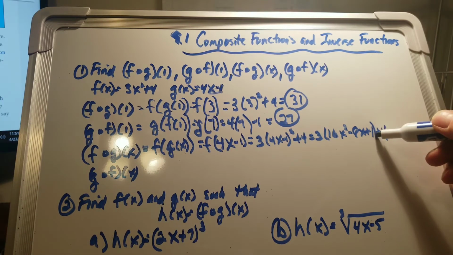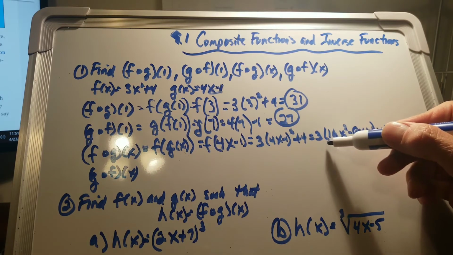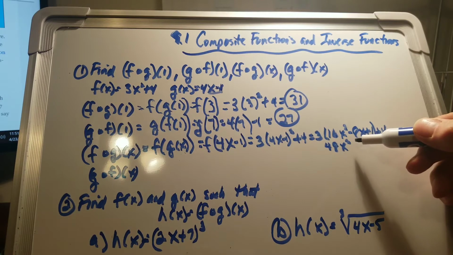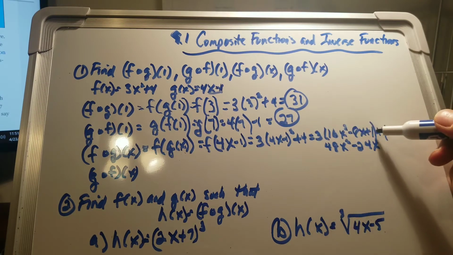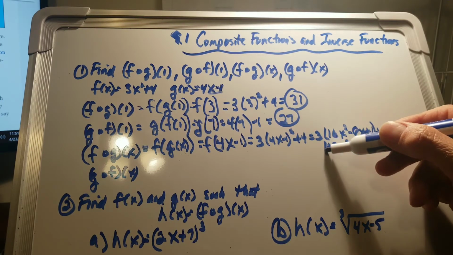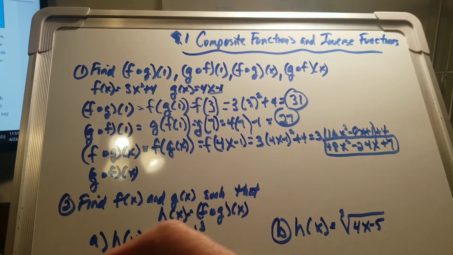Close parenthesis. So you're going to get 48x squared minus 24x, and that's 3 times 1 is 3, plus 4 is 7. We got to conserve space. This board is only so big.